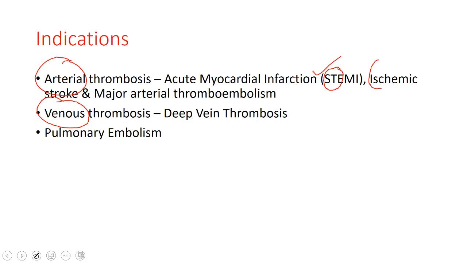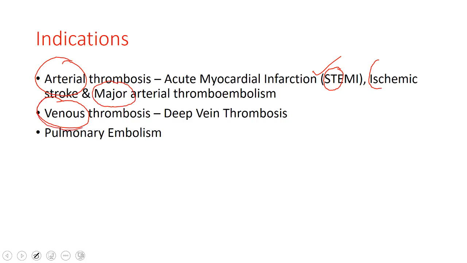Sometimes it's possible that one of the arteries supplying the brain could be blocked. That results in ischemic stroke, or the subclavian artery could be blocked in patients who have high risk factors.